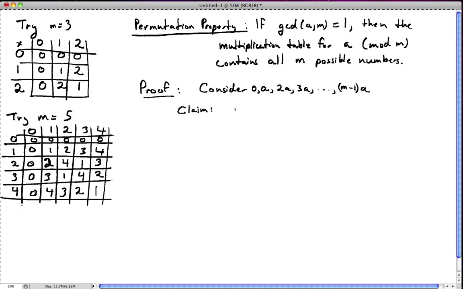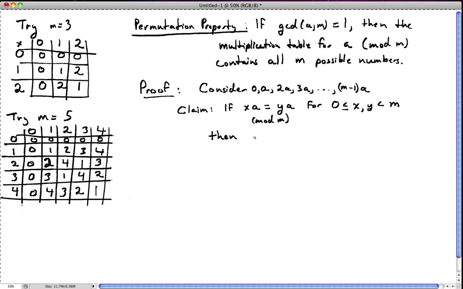So how do we say that? What we want to say is if XA equals YA, okay, everything here is mod M, for X and Y both in the range 0 to M minus 1, then X equals Y. So you see why this is the same as the permutation property.